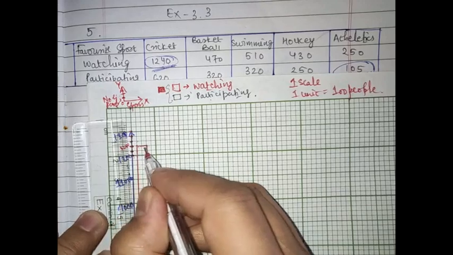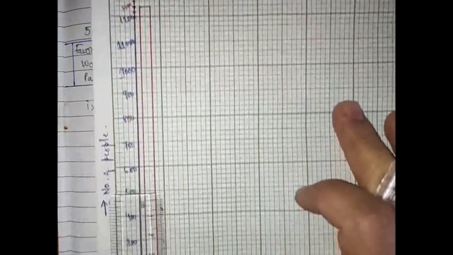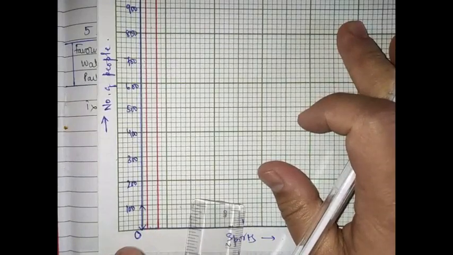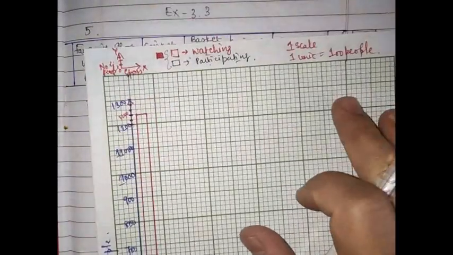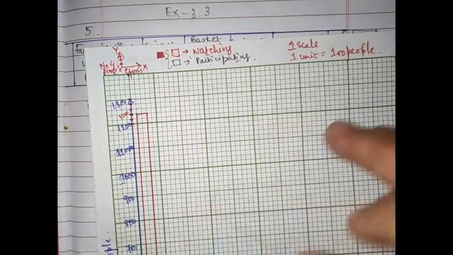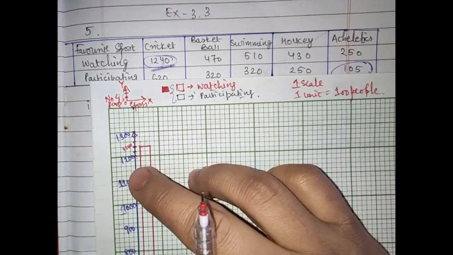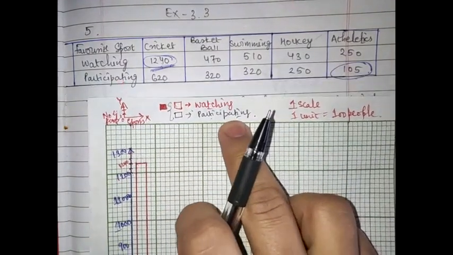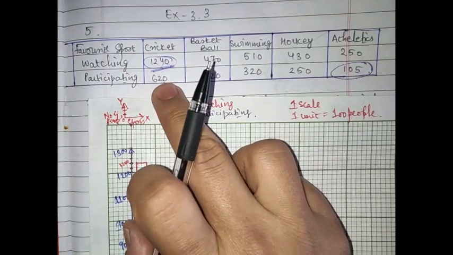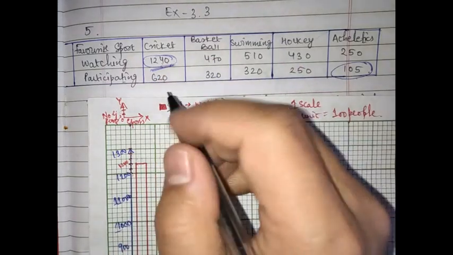If you cross this boundary, then it will be more than 1240, so you cannot do that. You have to make it like this. From 0 to 1240, this number of persons are watching cricket. So this red is representing the number of people who are watching cricket. With the black, it will be representing the participants who are actually playing cricket.